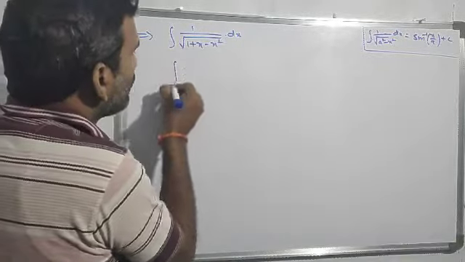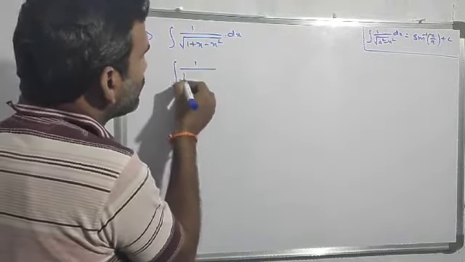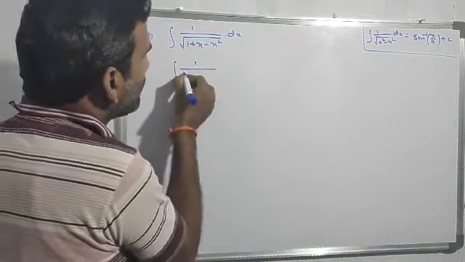For this, here I am taking 1 by square root of, with minus as common, x square minus x minus 1 into dx. Because the x square coefficient should be positive, that is why I am taking minus as common. Then a square minus 2ab, where the b value is 1 by 2.